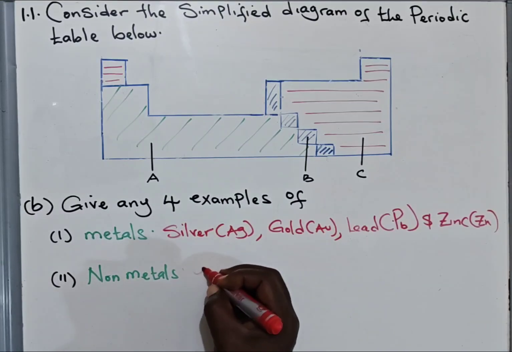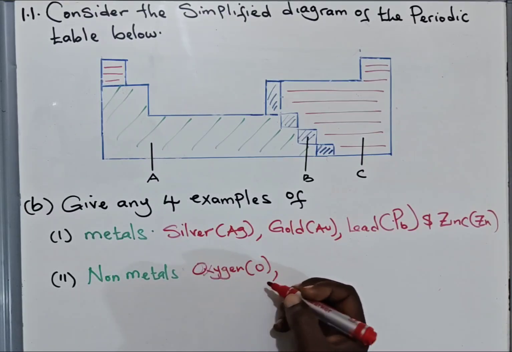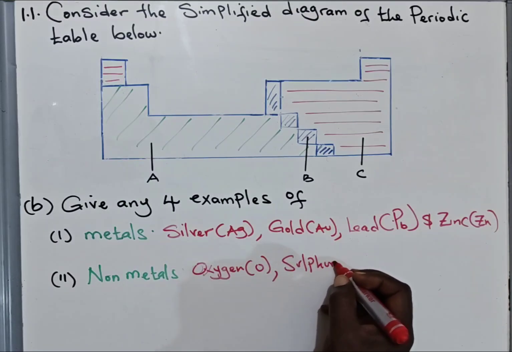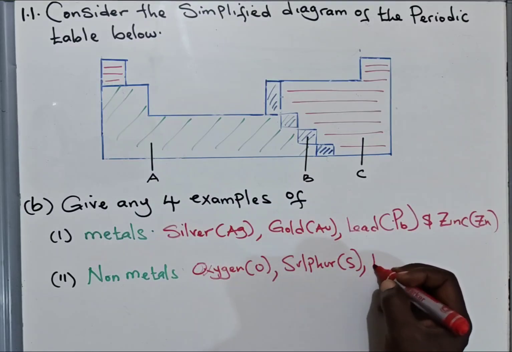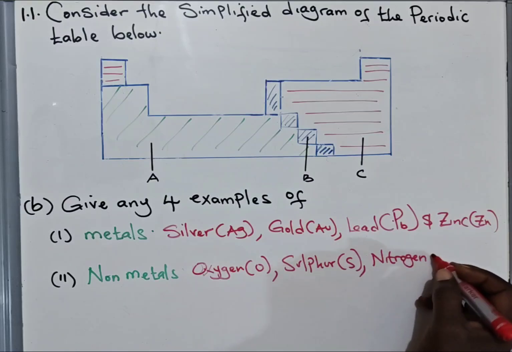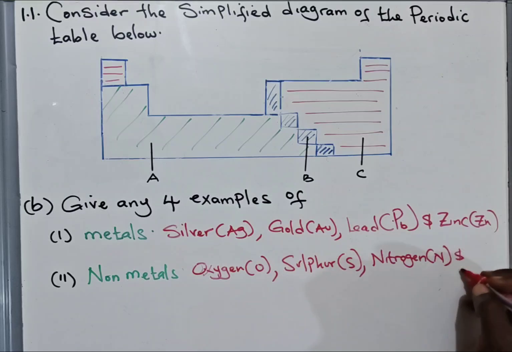Here we have oxygen, which is O. We have sulfur, which is S. You can have nitrogen, which is N, and hydrogen, which is H.